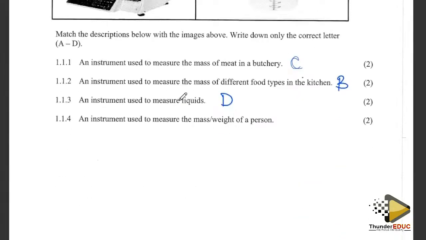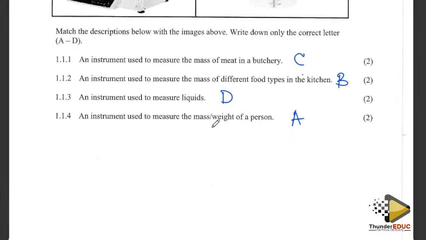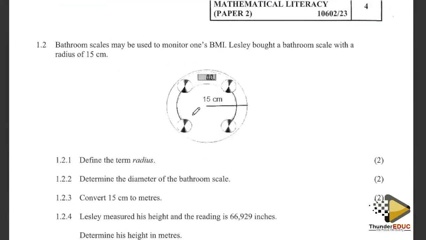So this electronic body mass scale, which is A. The answers were supposed to be C, C, B, D, A.